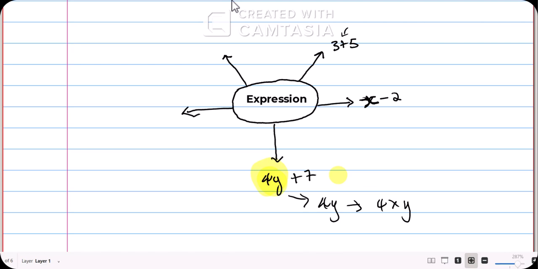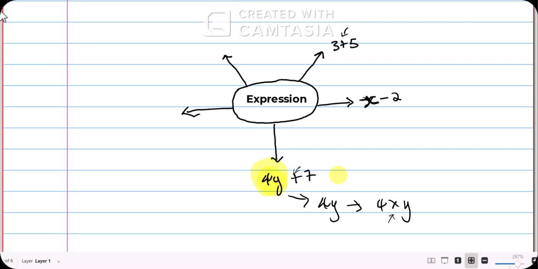We have two operators. Here we have the multiplication operator, and we have this addition operator. So we have two operators in this expression.